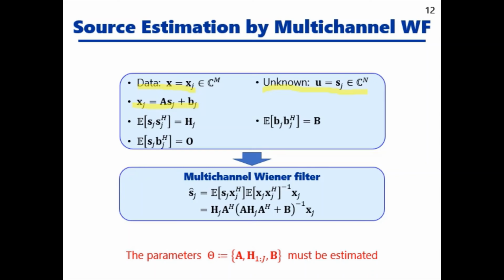The covariance matrix of S is H. The covariance matrix of noise is B. Since S and B are mutually independent, the cross-correlation matrix is 0.